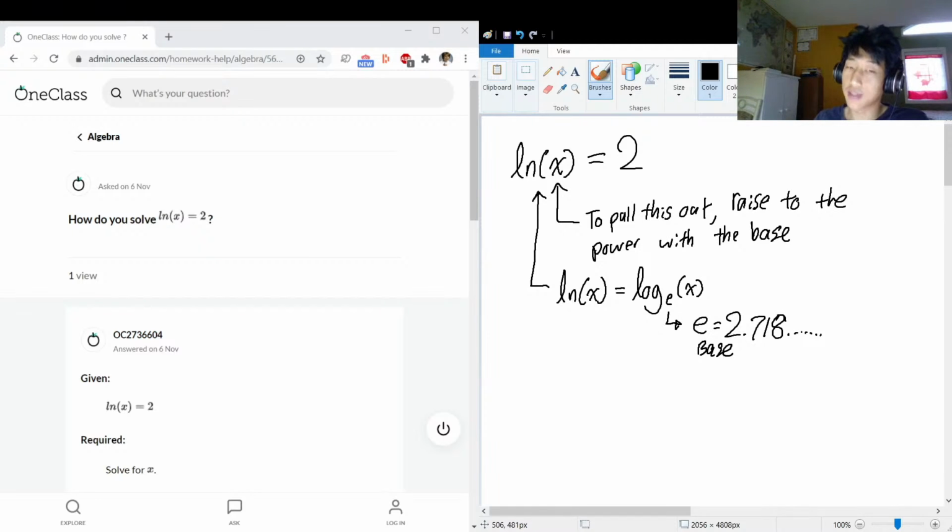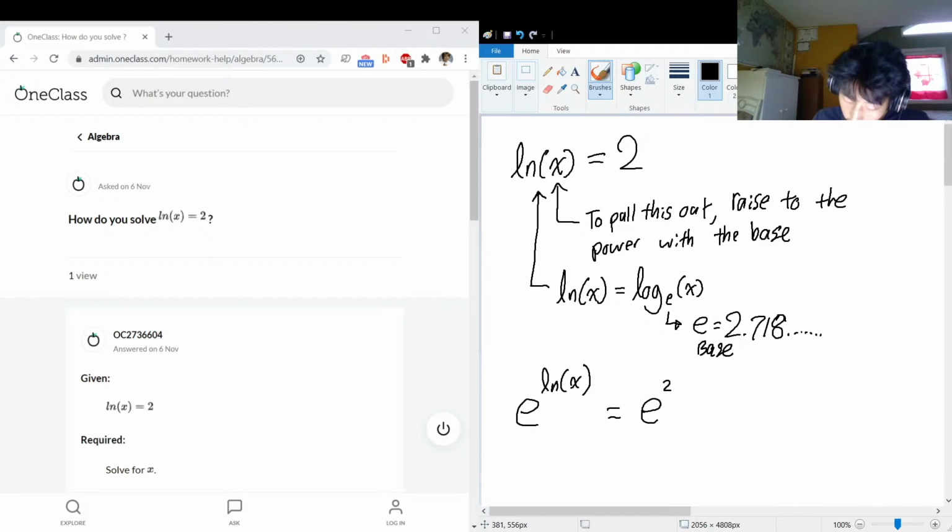So to get x out of the ln of x, we raise it to the power of the base. So e to the power of ln of x. Remember, do that on both sides of the equation. E to the power of 2, or e squared.